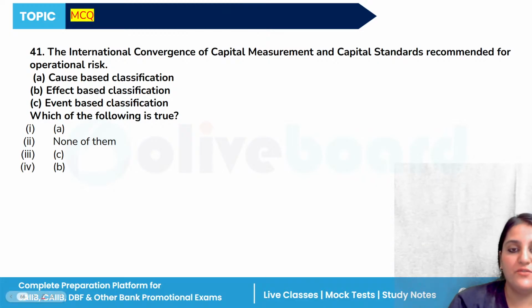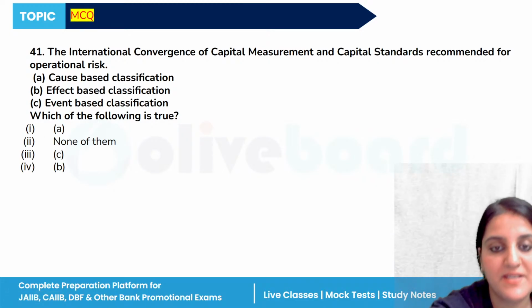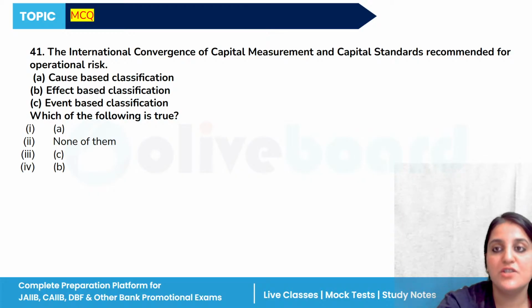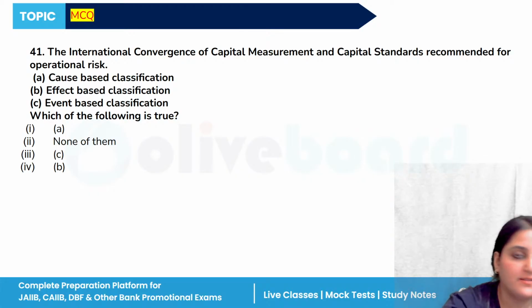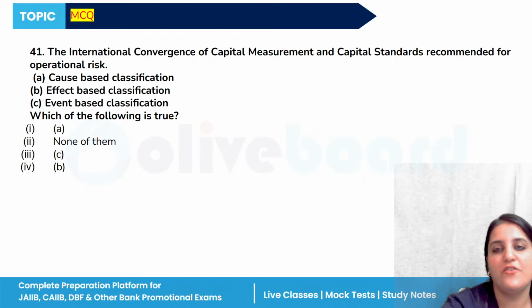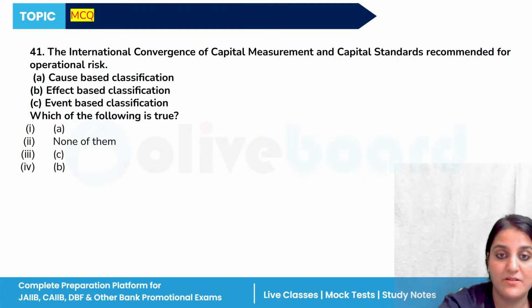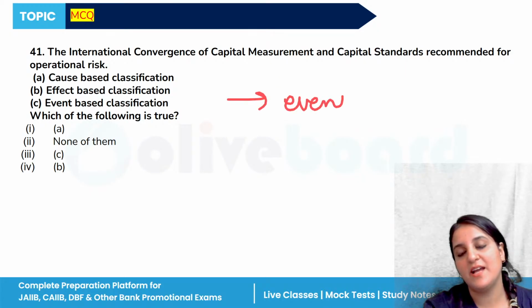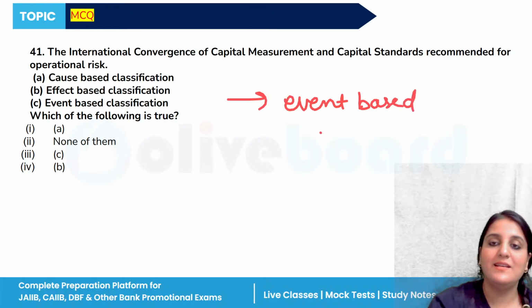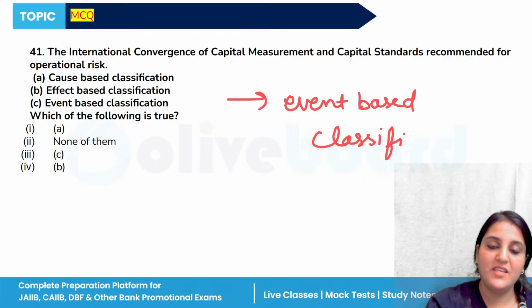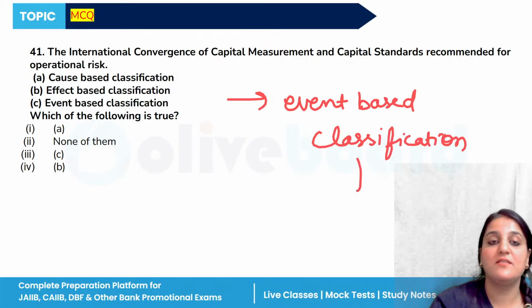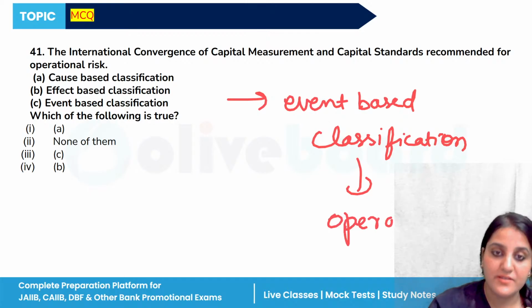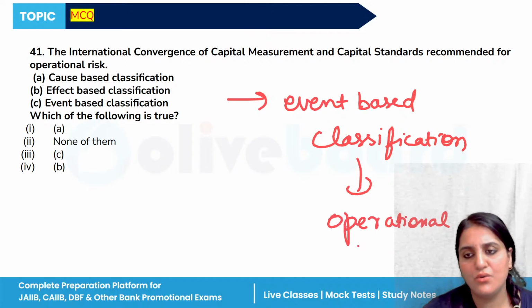The international convergence of capital measurement and capital standards, which is recommended for operational risk here. This is basically referred to as the Basel Accords, which is recommending the event-based classification for operational risks.